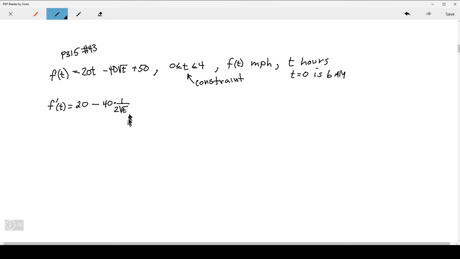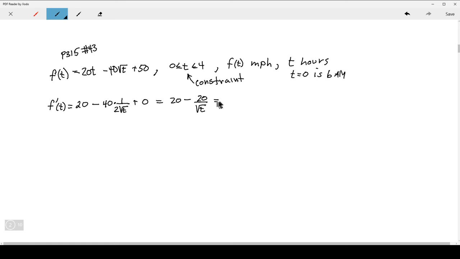The derivative of 50 is 0. I'm going to clean this up a little bit. What do I have? I have 20 minus, so the 2 and the 40 are going to reduce, so that's going to be 20 over the square root of t.